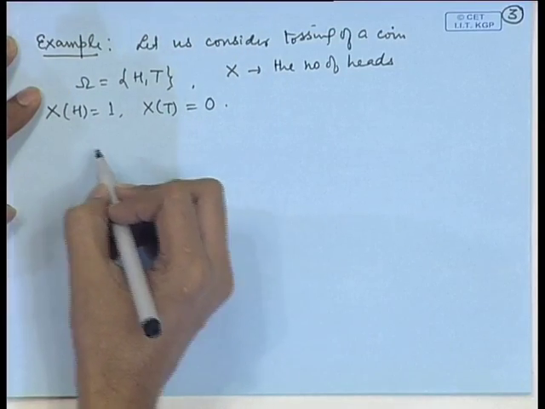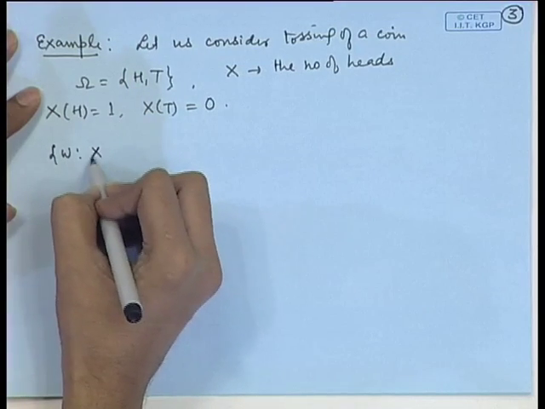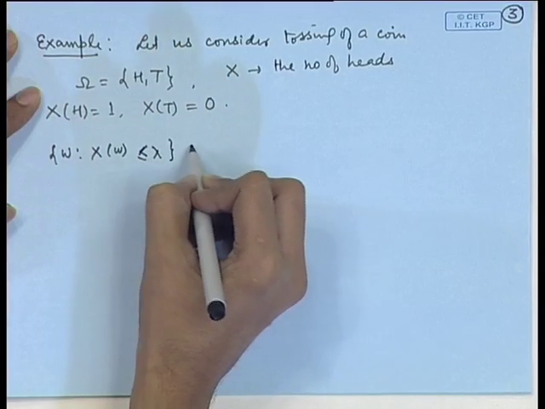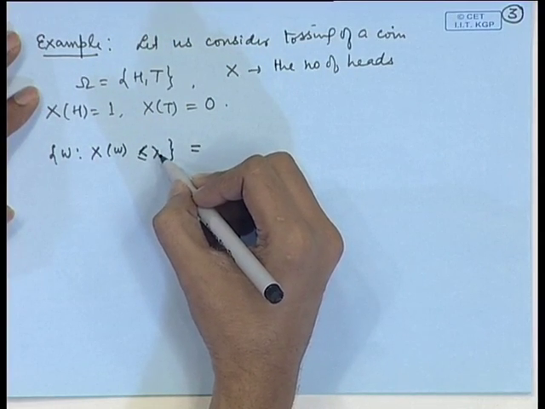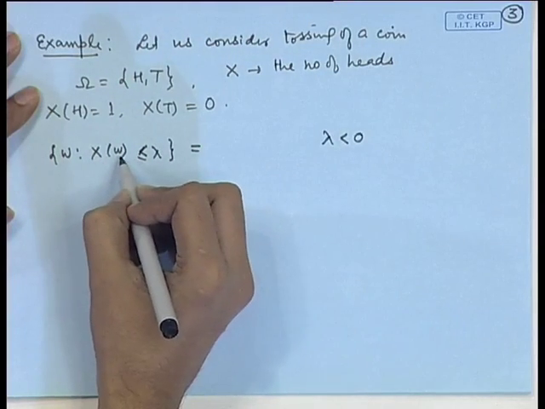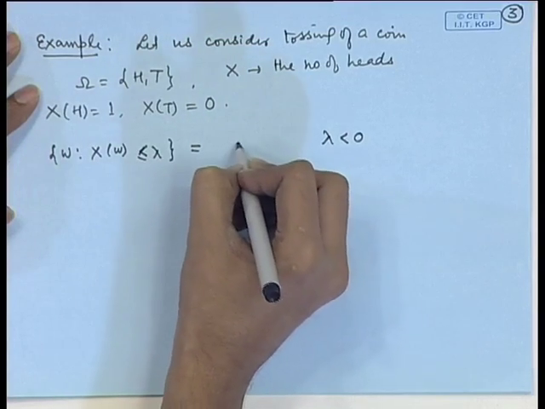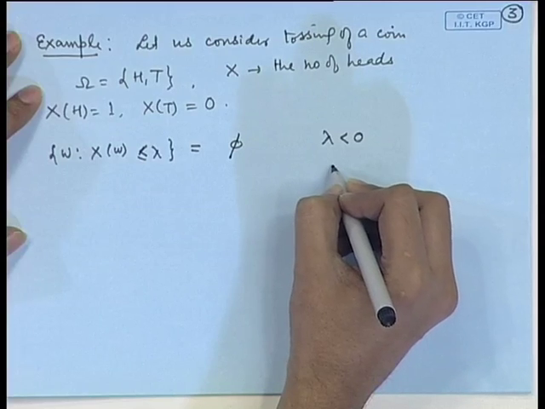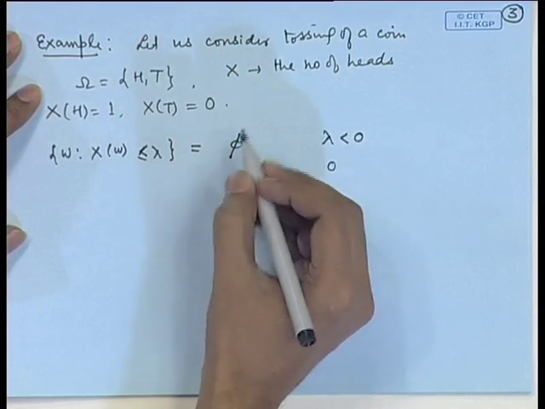So, if we look at the set of omega such that X(omega) is less than or equal to lambda, say. Now, if lambda is negative, then there is no point for which X(omega) is satisfying that condition less than or equal to lambda. That means, this is an empty set. If I take lambda equal to 0, then X(T) is equal to 0.